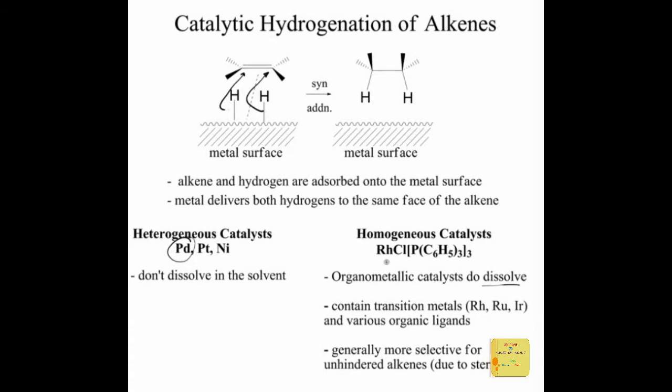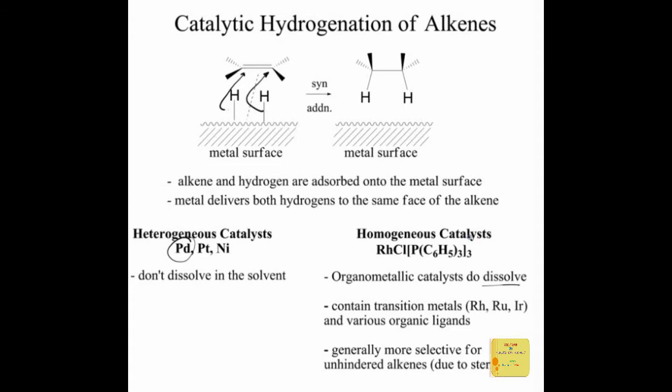So this guy is called rhodium triphenylphosphine chloride. Each of these phosphorus has three phenyl groups, three benzene rings attached to it, and then there are three of those coordinated around the rhodium. So a lot of benzene rings in there, and that makes it organic soluble, and so we could use organic solvents. We're called homogeneous that way.